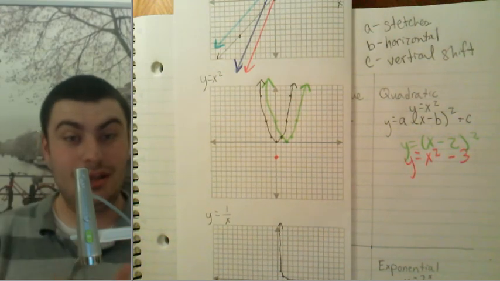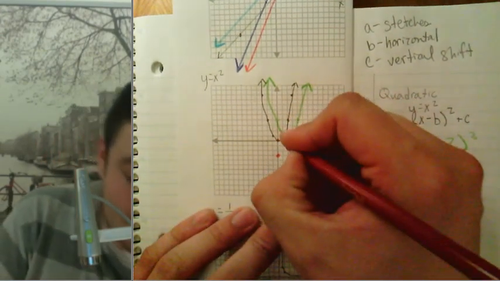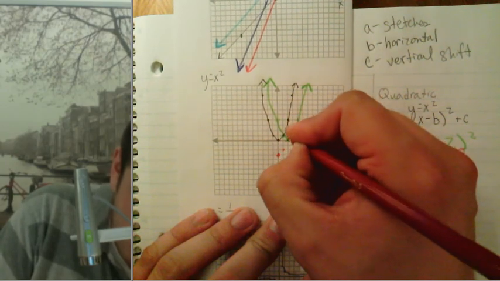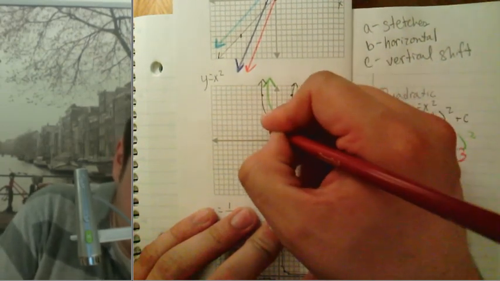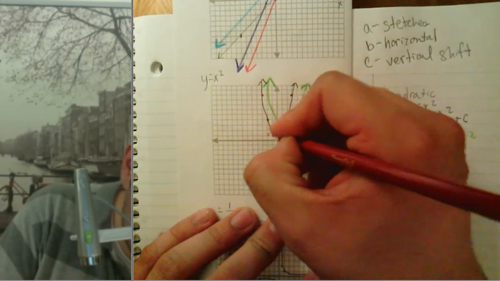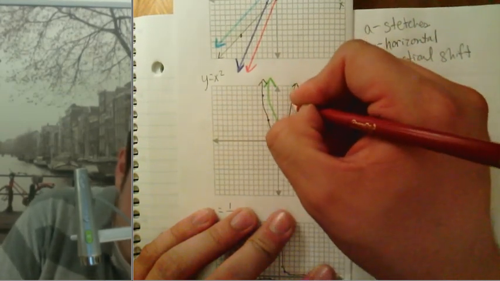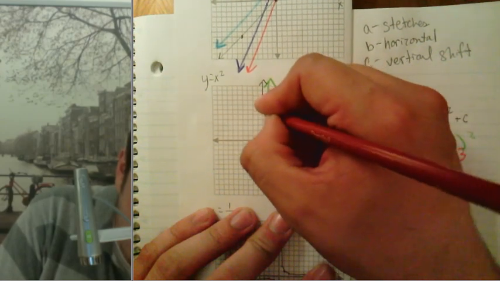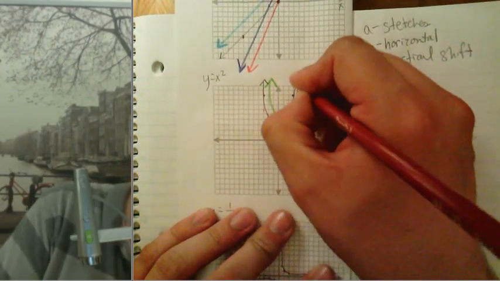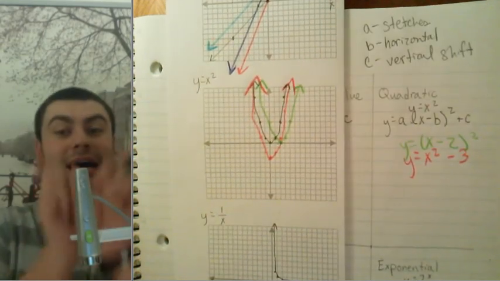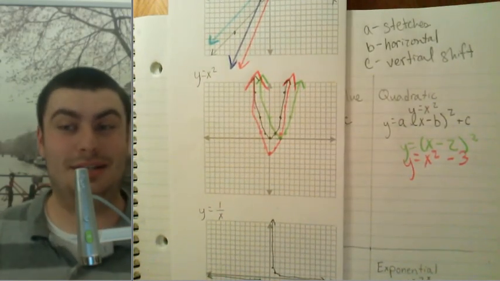Each of my points then moves down 3. 1, 2, 3, down 3. And I have that same kind of looking graph just shifted down 3. Sorry for my bad drawing there.